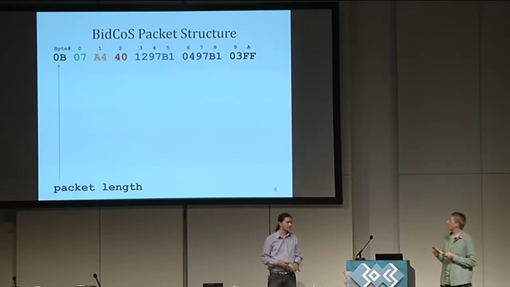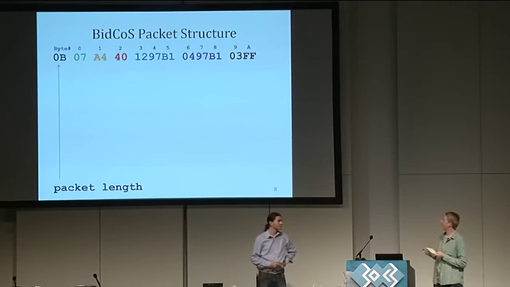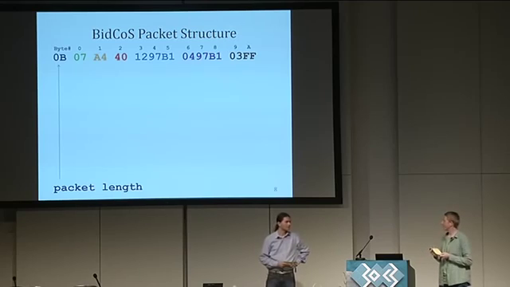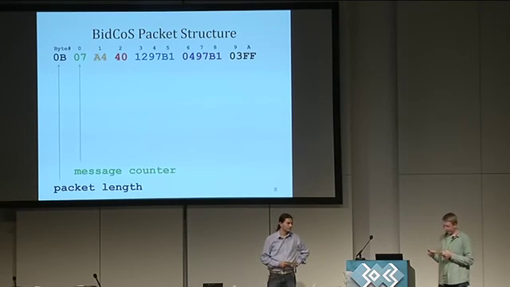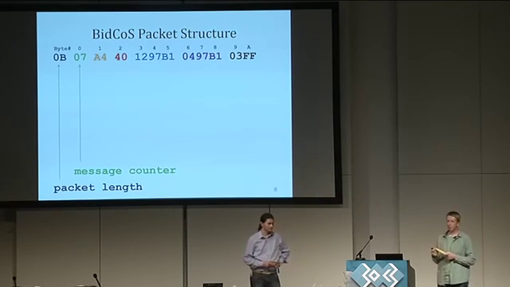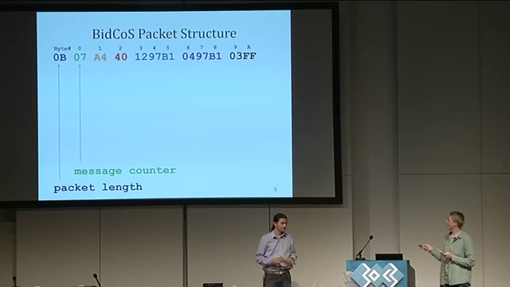First, you see the packet length, which does not include itself. So the length counts only the bytes after the length. Then the first byte is a message counter, which increments by 1 with each packet exchange.